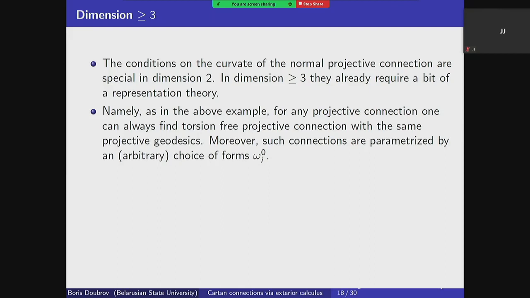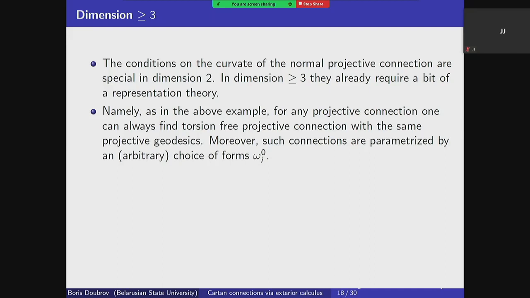There are certain quadratic expressions showing up there. Still, for a given class of projective geodesics, we can always find a torsion-free projective connection. And there will be many torsion-free projective connections with an arbitrary or almost arbitrary choice of omega 0 j in the top right slot here.